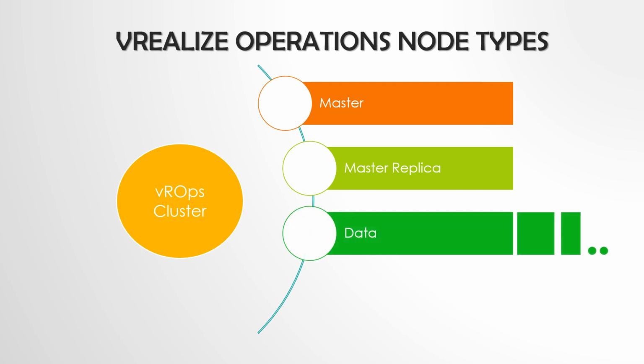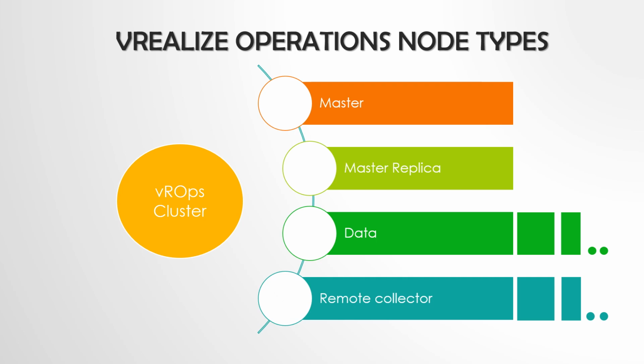Next is data node. Now there can be multiple data nodes depending upon your requirement. And the last is the remote collector. That also depends upon your requirement, as there can be multiple remote collectors deployed in a cluster. Now let's try to understand the functionality of all the nodes.